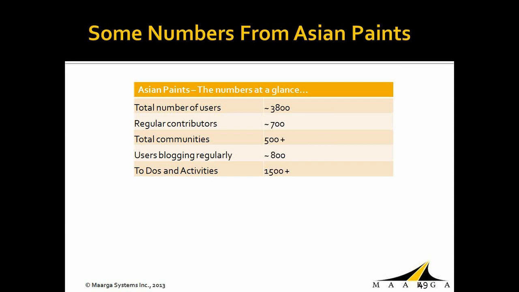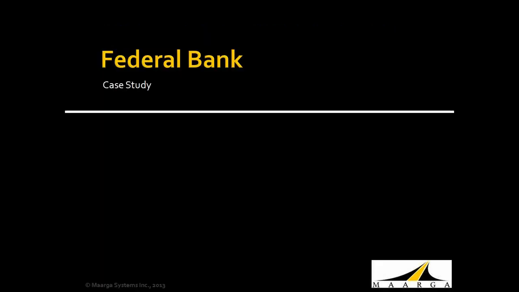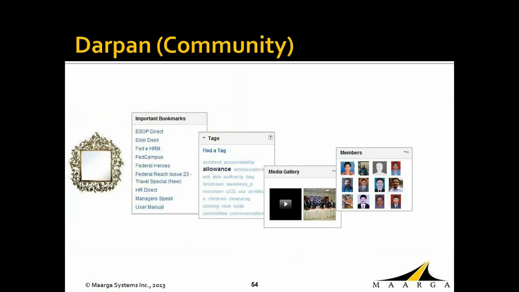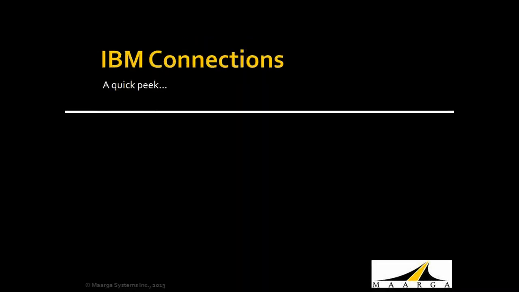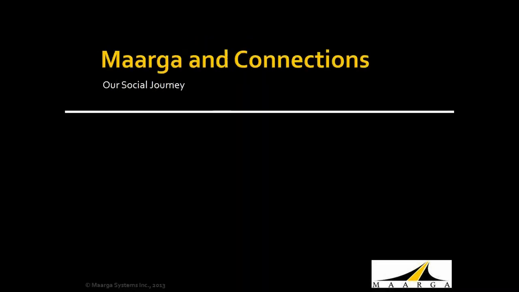Since we are close to the end of the webinar, I'm just going to skip the next case study. Again, this is publicly available information, so you can go over it.